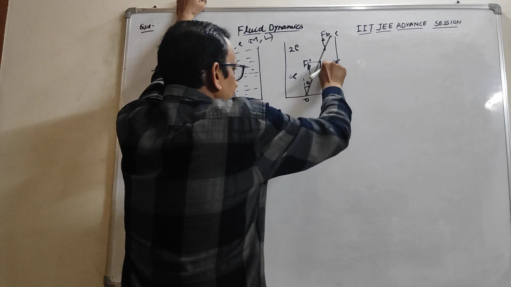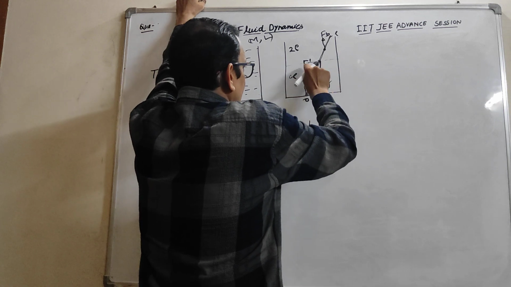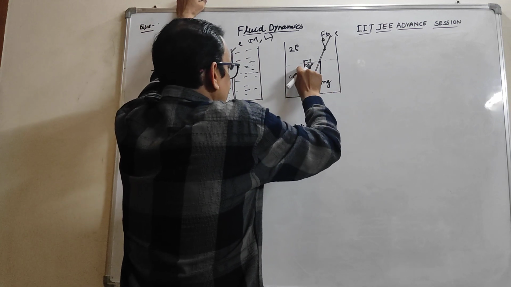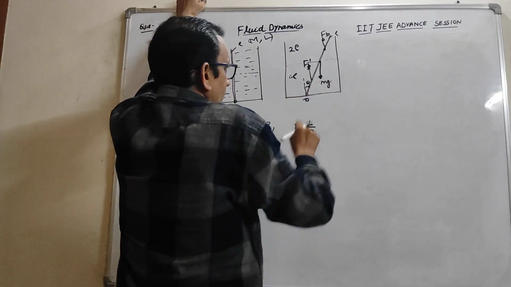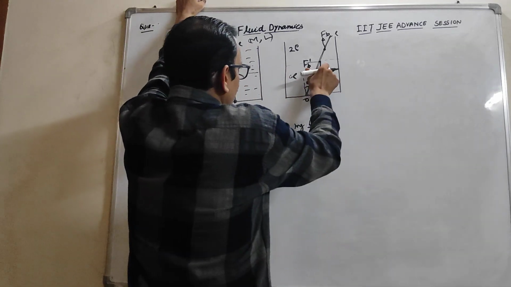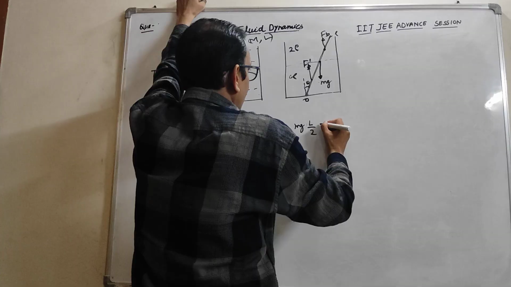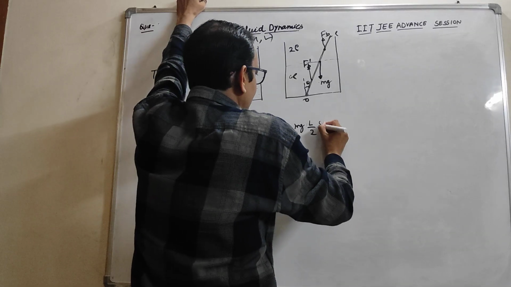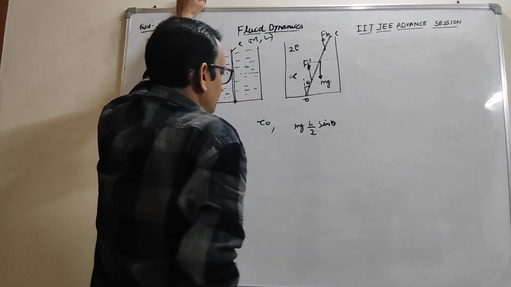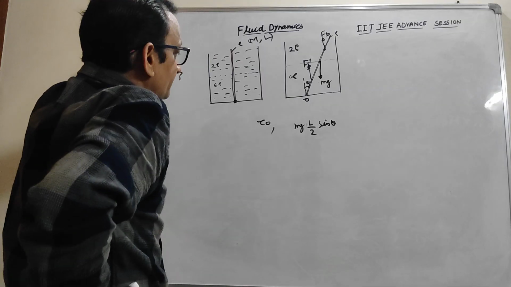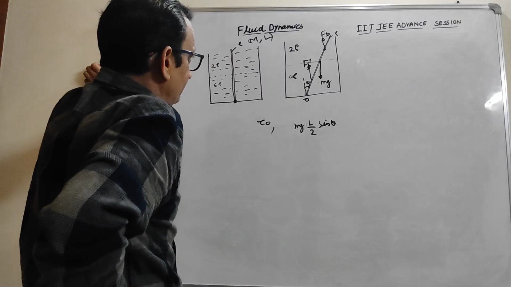The force is acting in the minus j direction, so this is along the k direction. So this would be L by 2 sin theta, mg L by 2 sin theta.